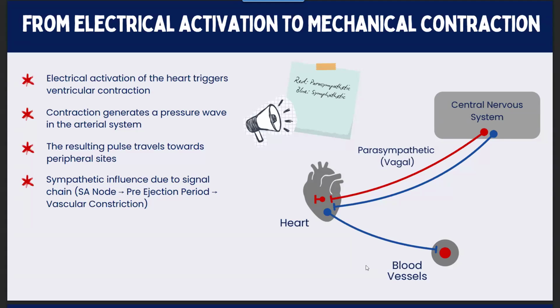With that, the pulse wave will arrive at the periphery sites, but as we make our path from the heart to these peripheries, we're no longer able to isolate this parasympathetic activity. Instead, we now are seeing that we have an influence of both. We will have sympathetic activity at play just due to the signal chain of pre-ejection period and contracting blood out of the heart, as well as then blood pressure introducing more sympathetic activity.